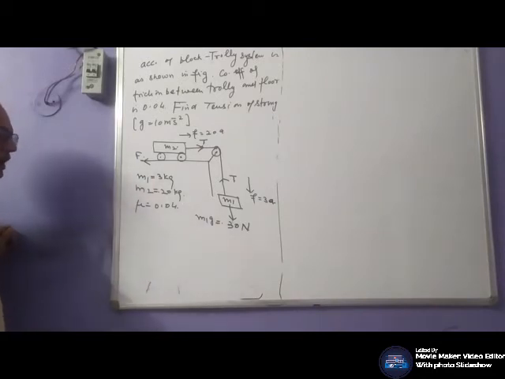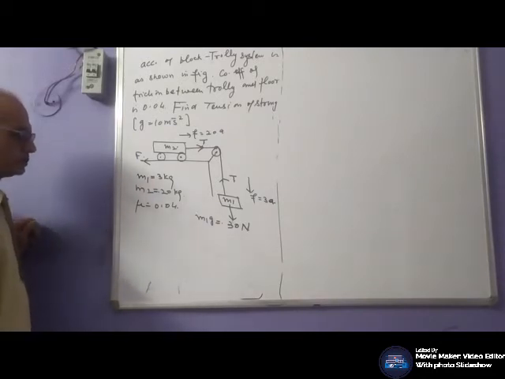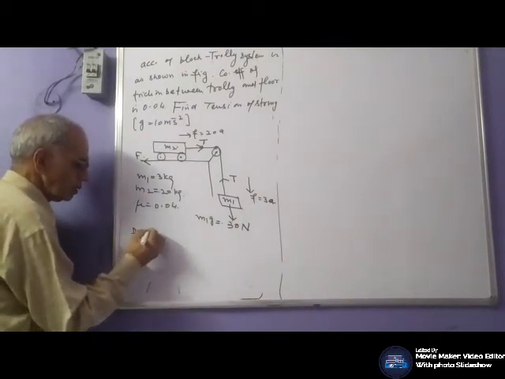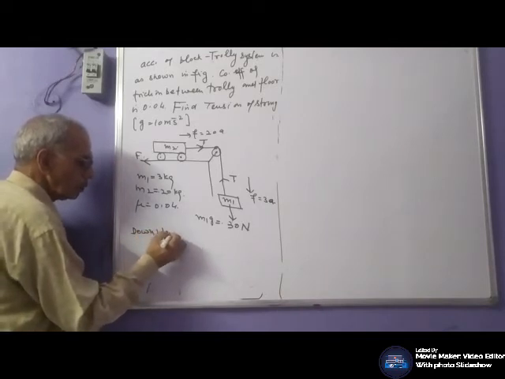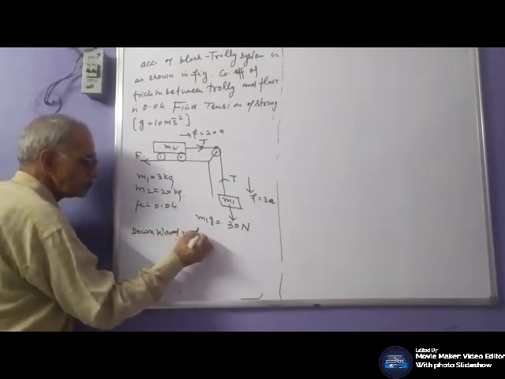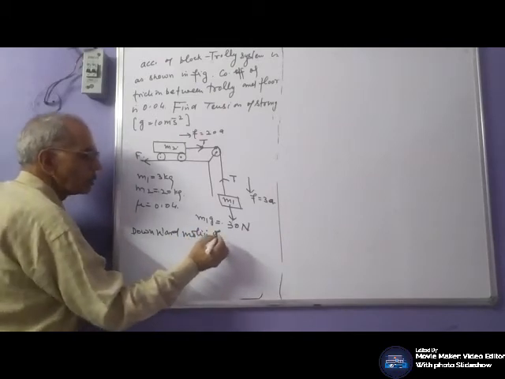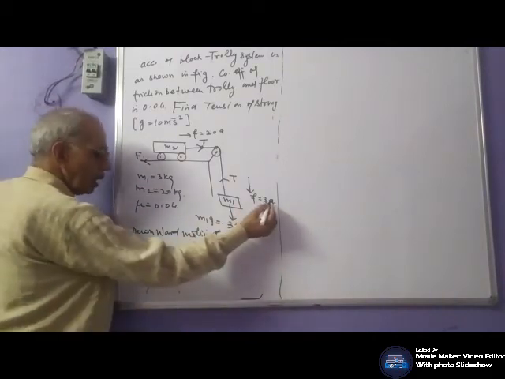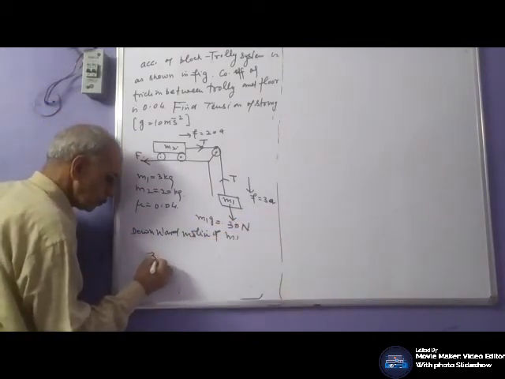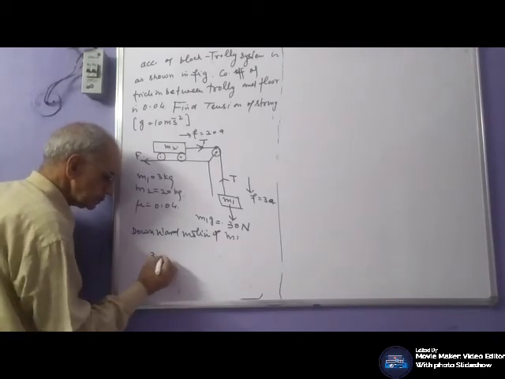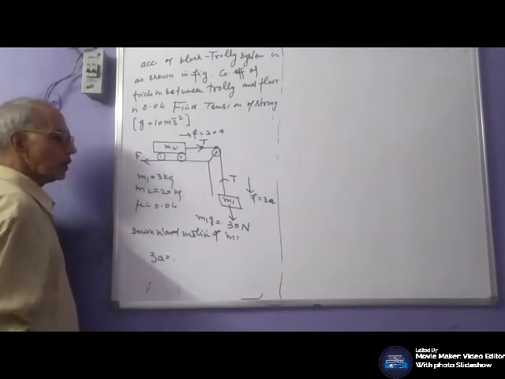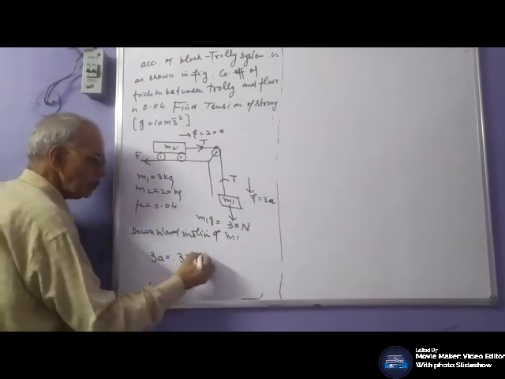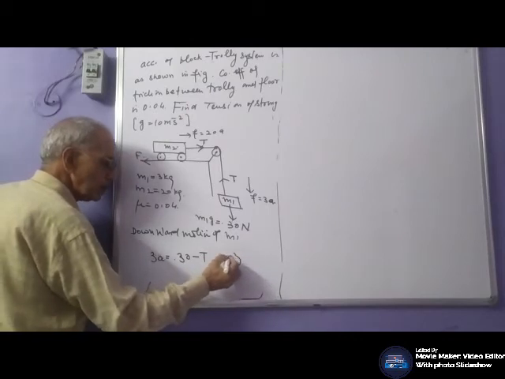Find tension, first find acceleration. Downward motion of M1: force 3A. From the figure, 30 minus T equals 3A, equation 1.